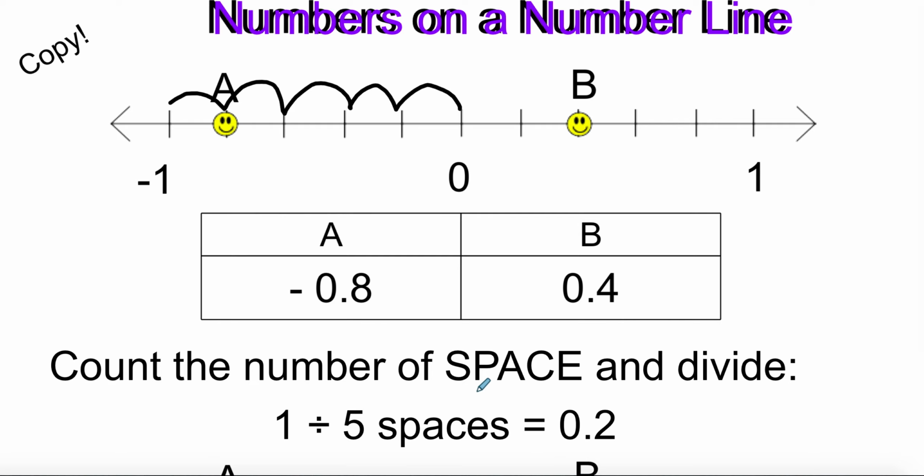Now 0.2, if we start from 0, is 0.2, 0.4, 0.6, 0.8.